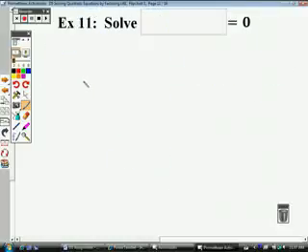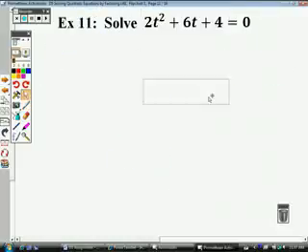Alright, let's go to the next one. Okay, copy down that 2t squared plus 6t plus 4. What factoring method are you thinking?